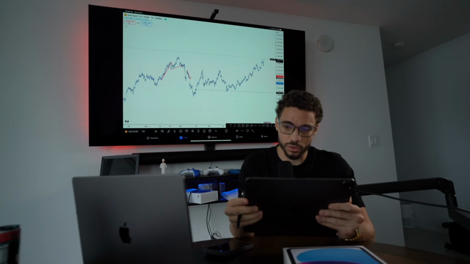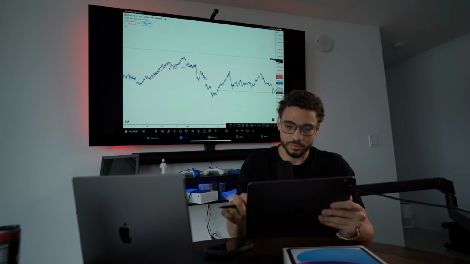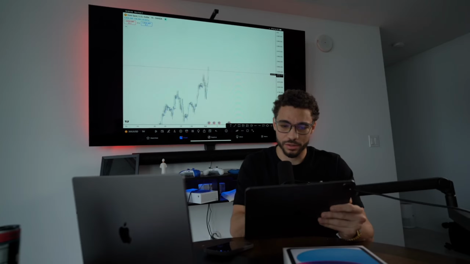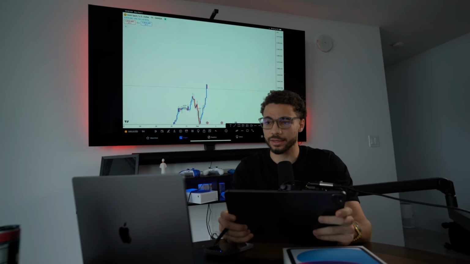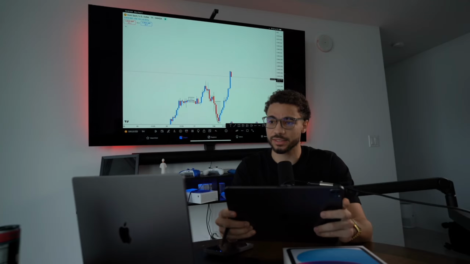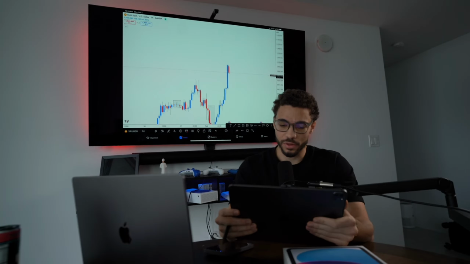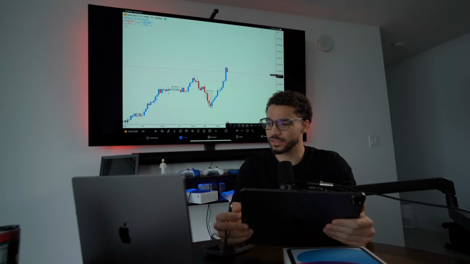You can see gold cleared these highs over here at 27.90, and it's just booming. I don't like to get in on gold. Gold is something that I like to physically own. It's one of those assets that I'd rather have in hand than actually trade it, just because I feel like the fluctuations on the chart aren't necessarily everything that I want. But yeah.